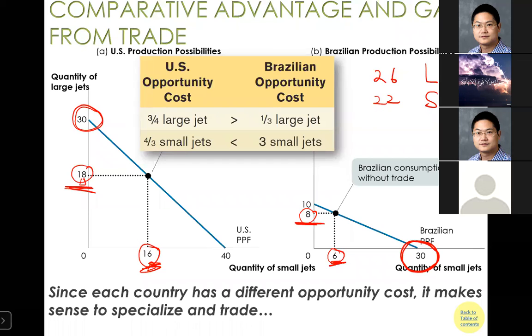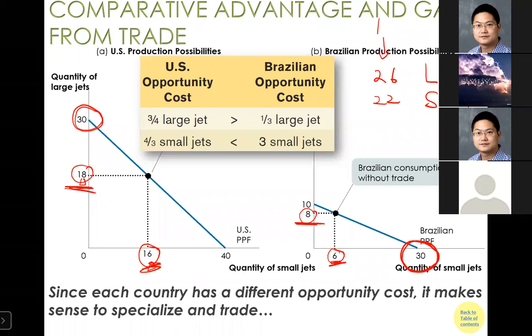Now, after trade, but again, I haven't told you how they are going to trade yet. So far, we just say they agree to cooperate and specialize, and the US is going to produce 30 larger jets and Brazil is going to produce 30 small jets.